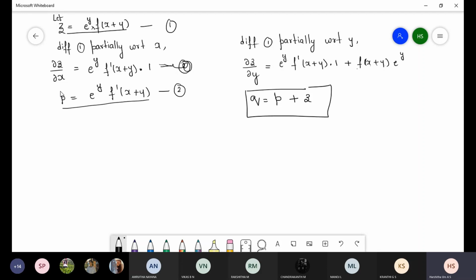So q is equal to p plus z is the required partial differential equation. This is the answer.